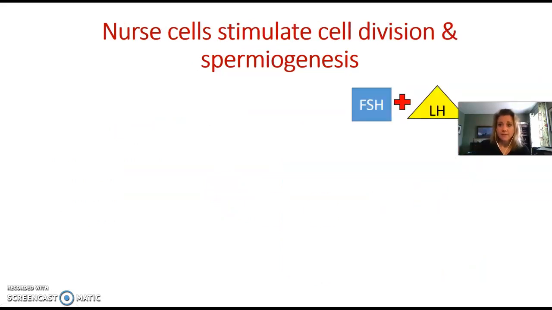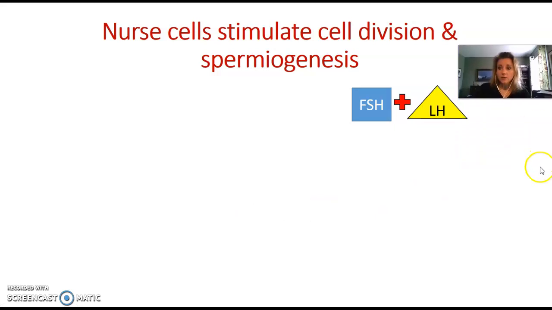FSH and LH are going to stimulate the nurse cells into action. Remember that these two hormones come from the anterior pituitary gland. They are the gonadotropins. FSH stands for follicle stimulating hormone and LH stands for luteinizing hormone.